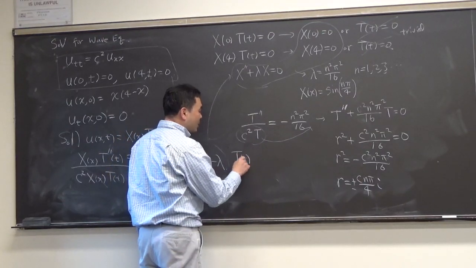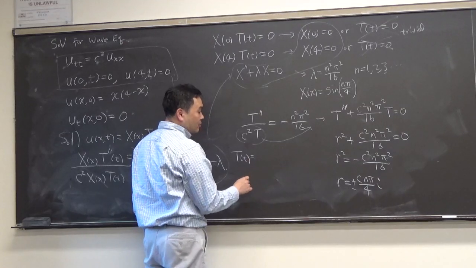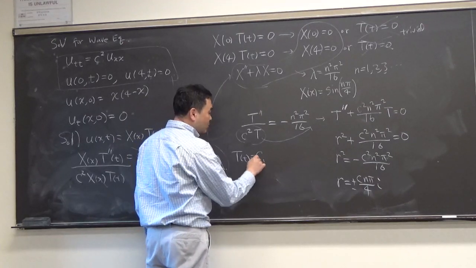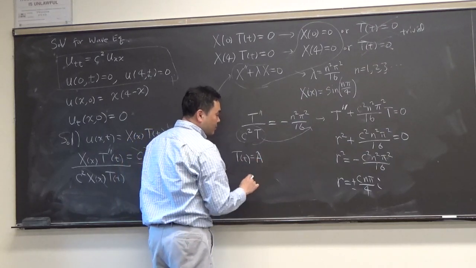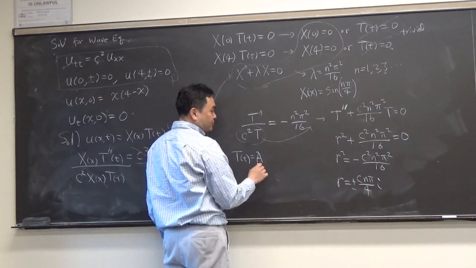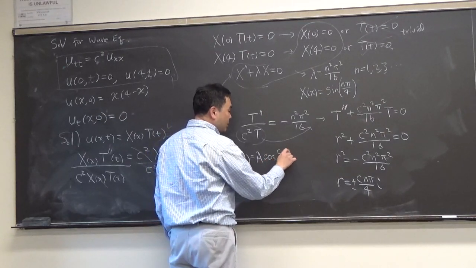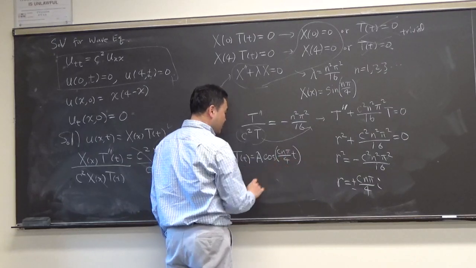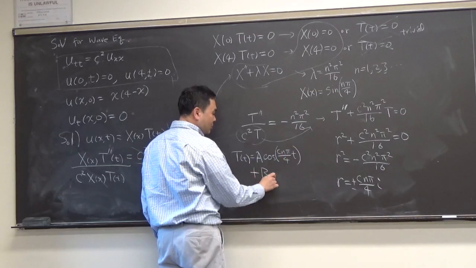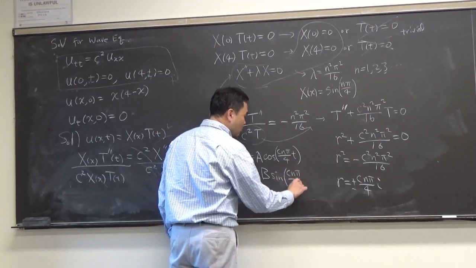But here's what you have. This would be A times cosine of c n pi over 4 t plus B times sine of c n pi over 4 t.